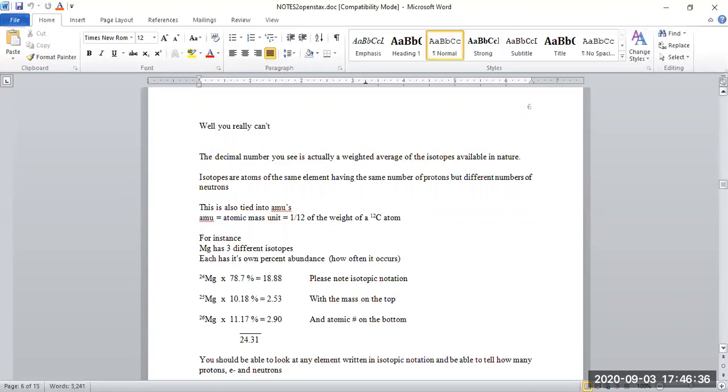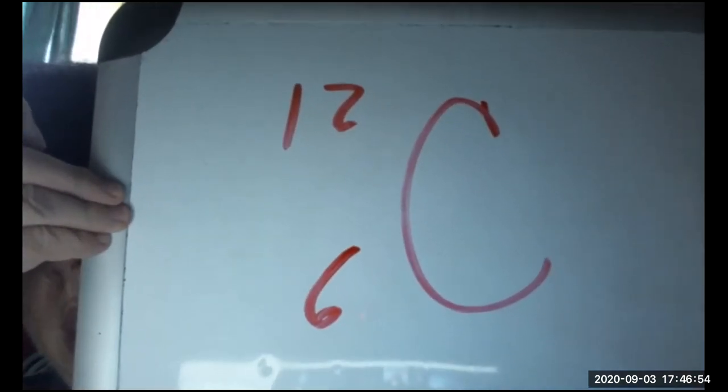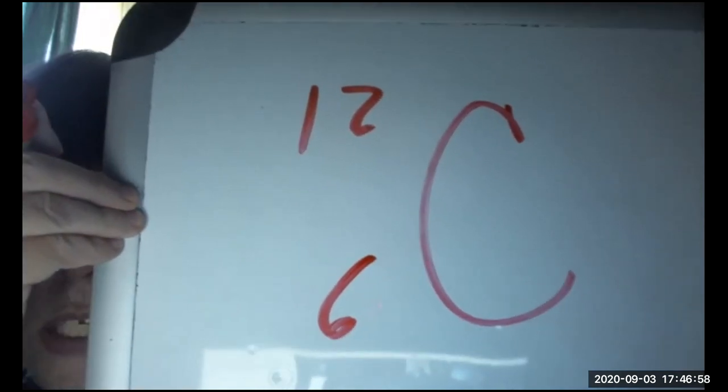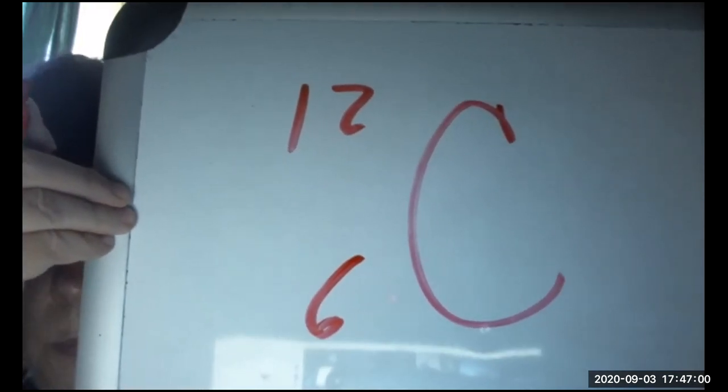So I'm going to stop my share for a minute, and we're going to try really old school whiteboard. It should look like this: the 12 up above and the 6 down below, and they are both on the same side of the element symbol.